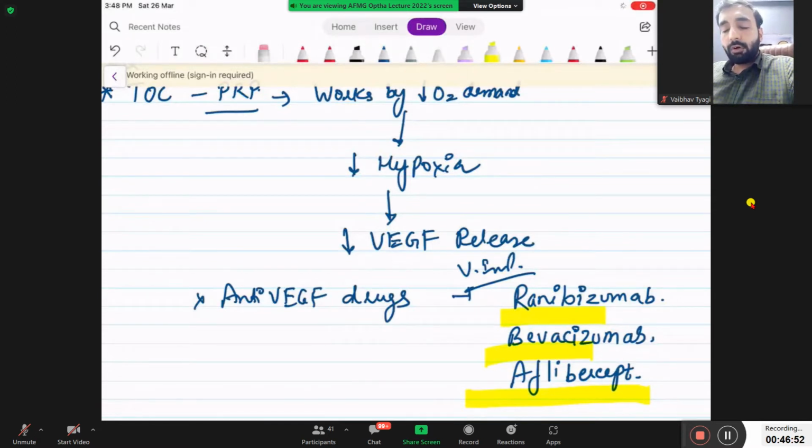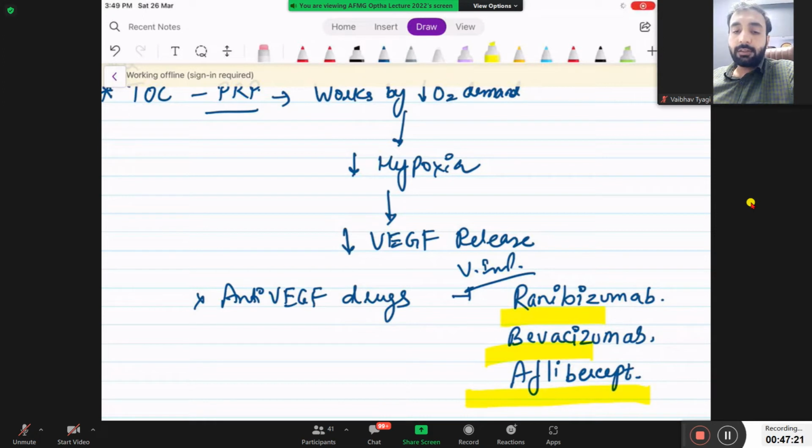Nowadays, ophthalmology has evolved over the years. In the treatment of diabetic retinopathy, we are mixing the two entities. Suppose a patient comes to your OPD and is diagnosed with diabetic retinopathy. First of all, we do lasers, pan-retinal photocoagulation. We make the tissue anoxic, which in turn decreases the hypoxia, and new vessel release is decreased.